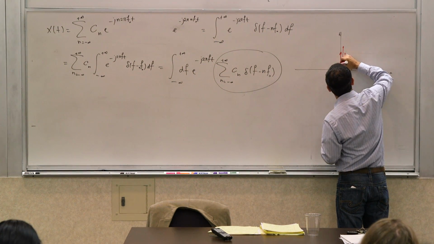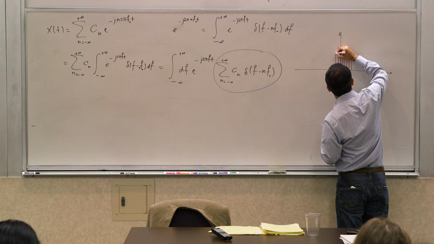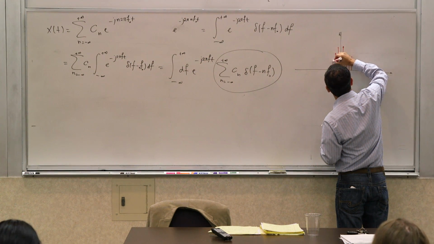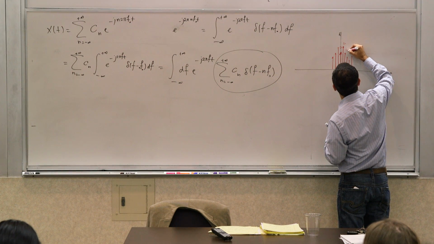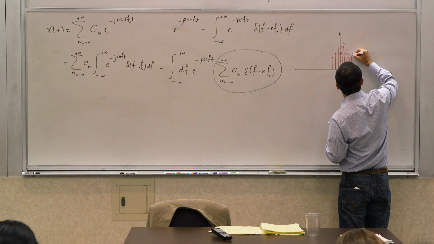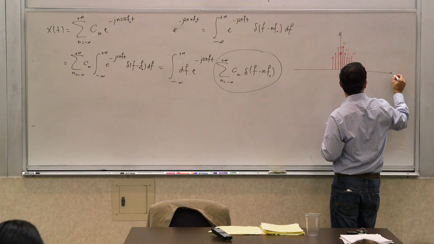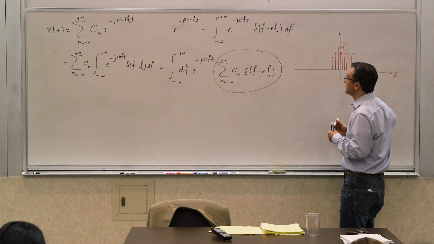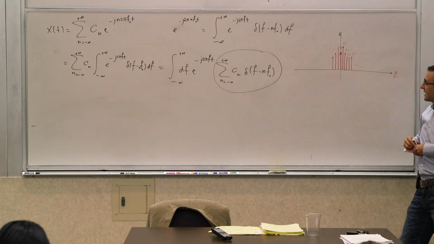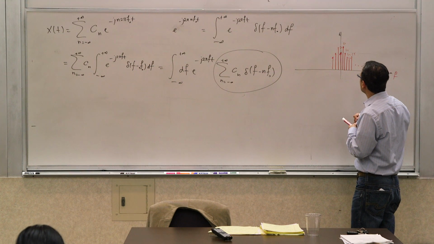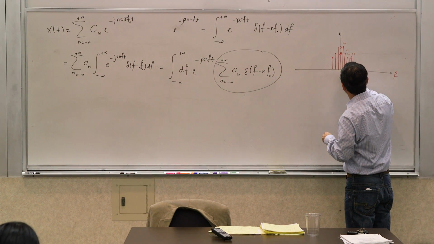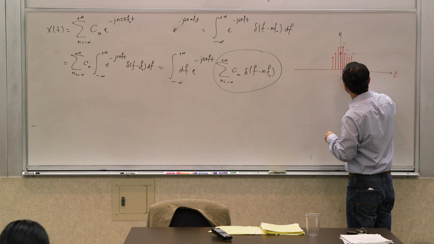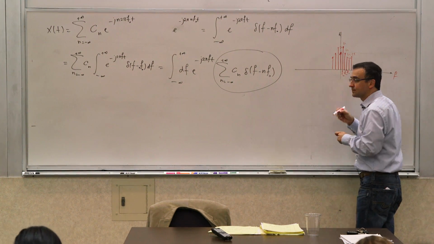So these are multiple Dirac deltas that are scaled by Cn. This is C0 times a Dirac delta, this is C1, C2, C3, C4, C5, and so on, as a function of f. So the x-axis is f. These are happening at f naught, 2f naught, 3f naught, and so on. So the spacing of these is f naught.